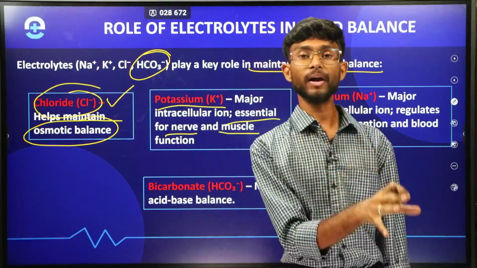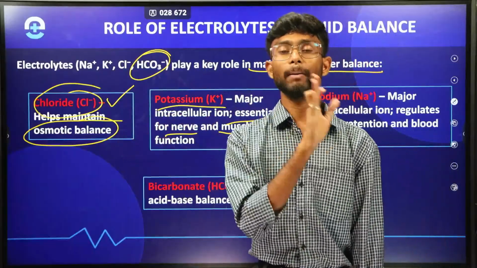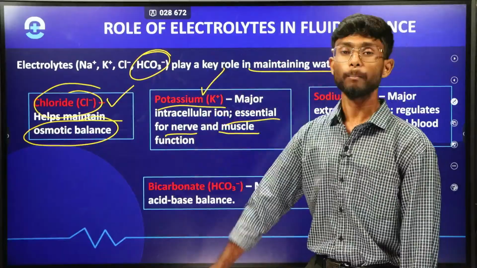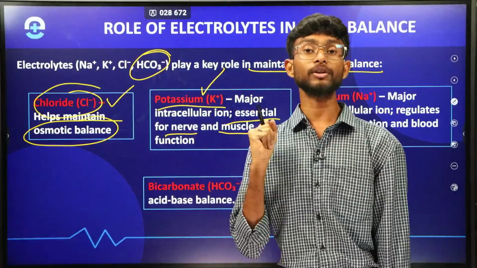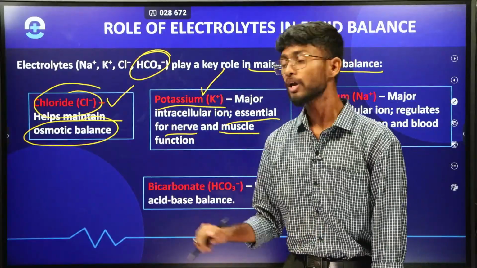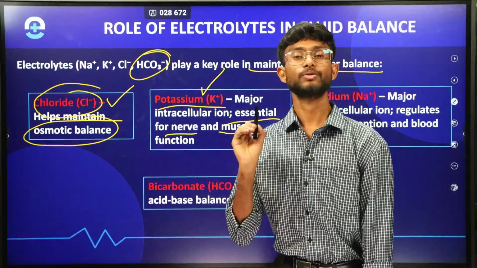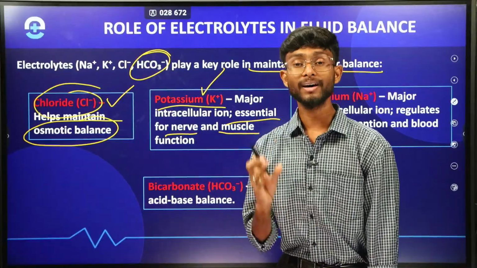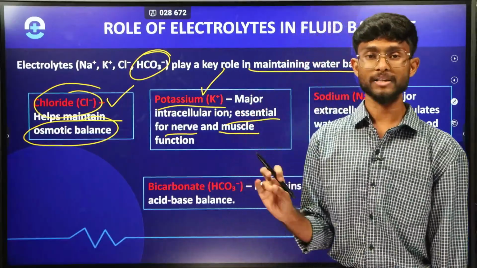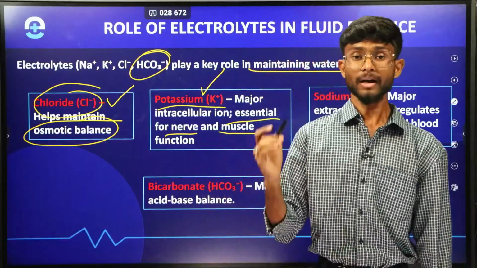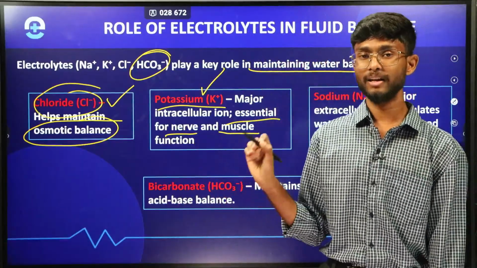From one neuron to another neuron, for the passing of messages, you require potassium. And also for the contraction of the muscles, you need this potassium. That is why this electrolyte is very important for nerve conduction and also muscle contraction. It is present in the intracellular fluid.